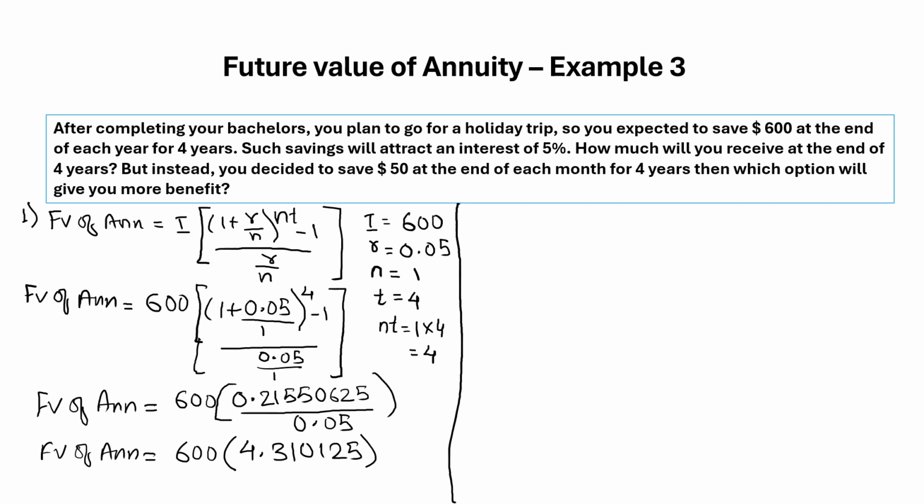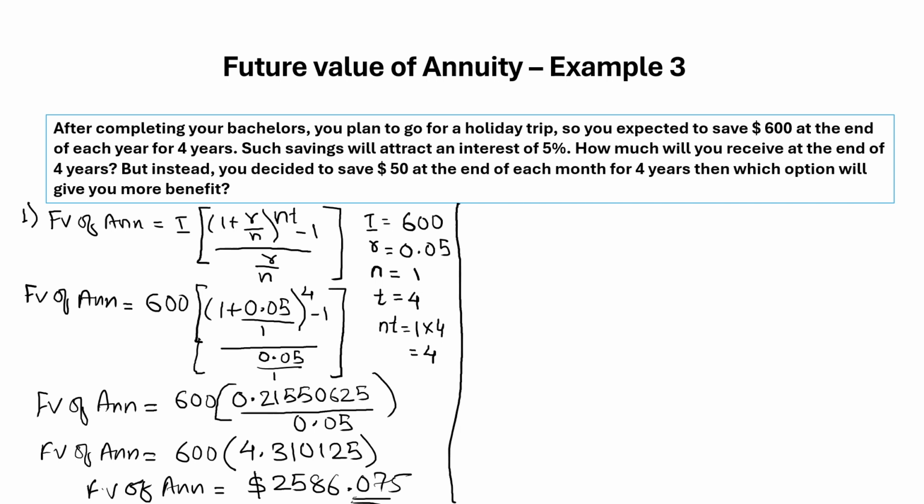So when we calculate this, we will get the answer. Our future value of annuity is equal to how much we are getting? 2586.075. This is my annuity with option 1.